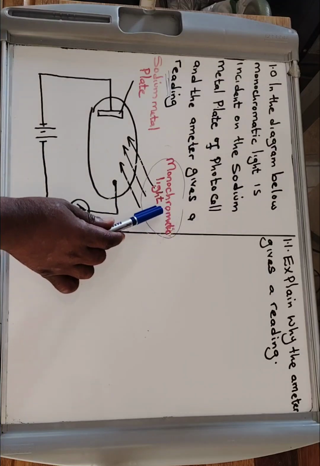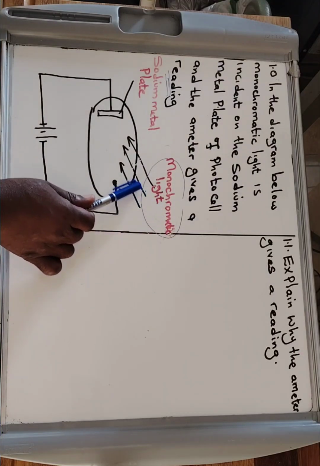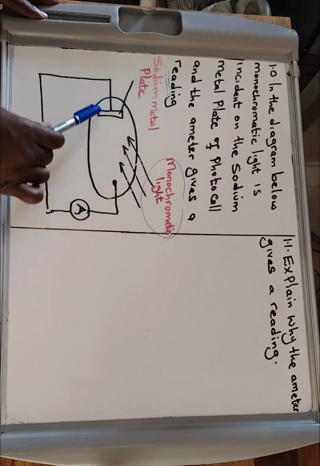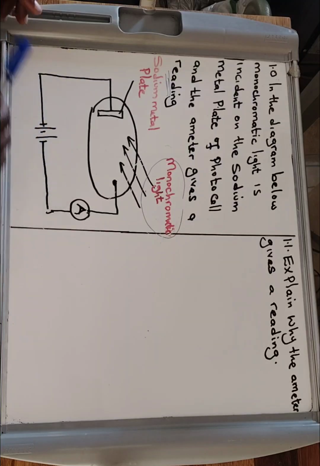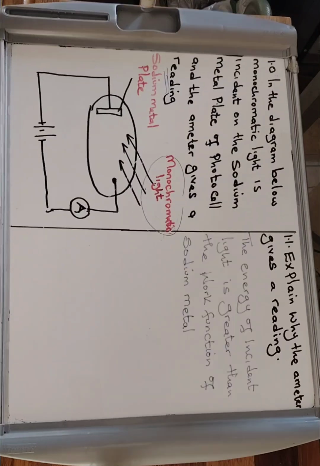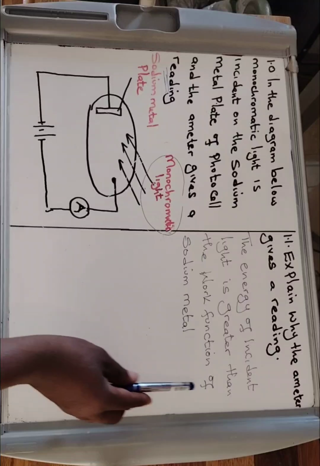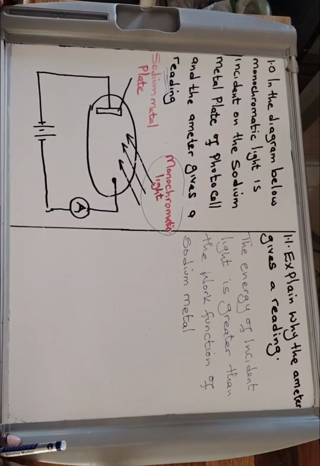So when the energy of the incident light is greater than the work function of the metal, then the ammeter will give a reading. So that's the circumstance. So this is the only situation under which the ammeter will give a reading.